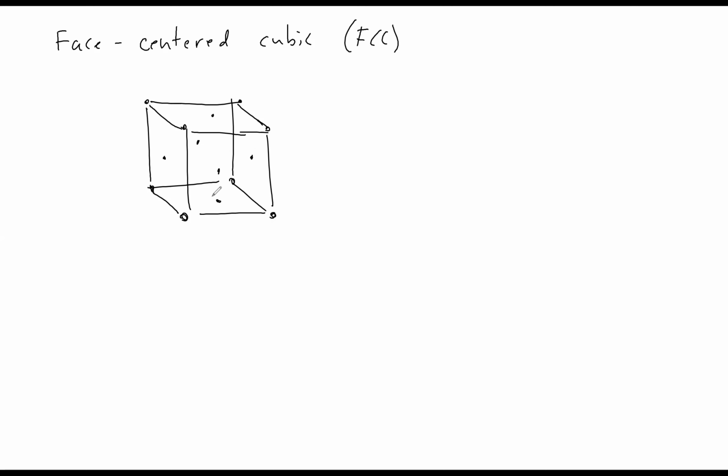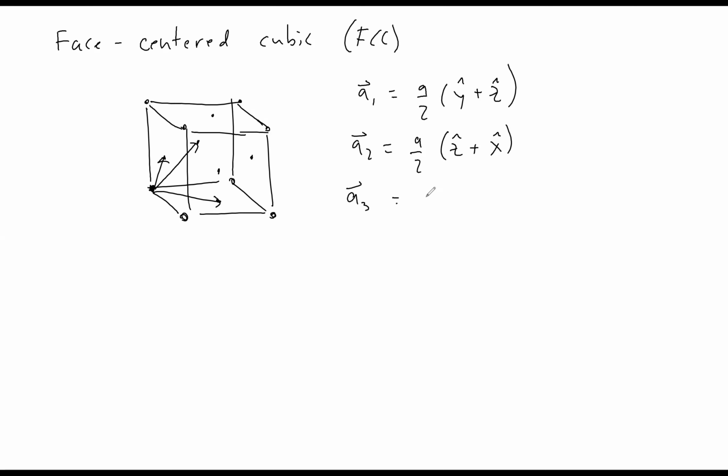We can define a set of primitive lattice vectors, for example, to go from the corner of the cube to the nearest points on the centers of the faces. So we might define, for example, A1 equal to A over 2 times y-hat plus z-hat, A2 equal to A over 2 times z-hat plus x-hat, and A3 equal to A over 2 times x-hat plus y-hat. And again, A is the length of the side of the cube.